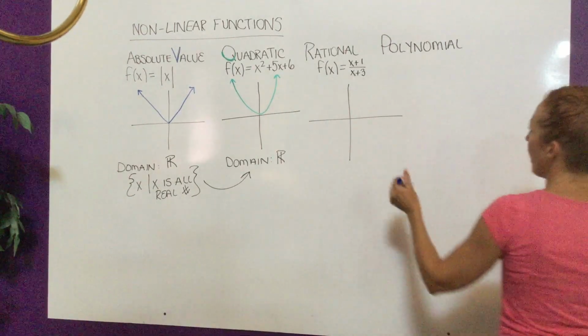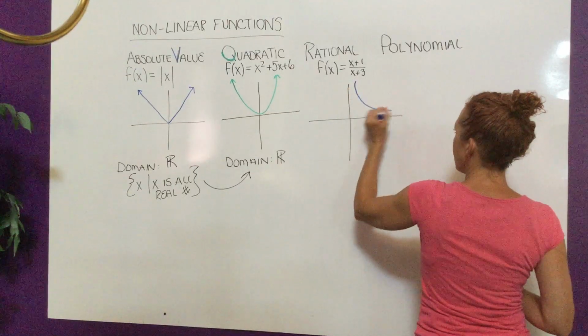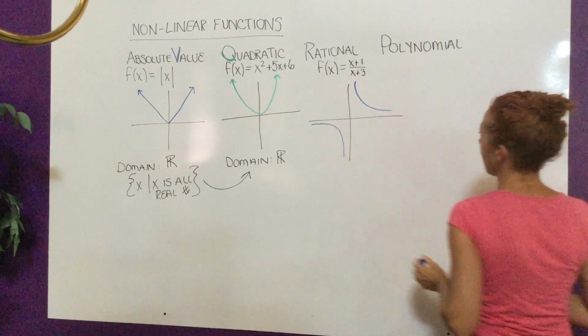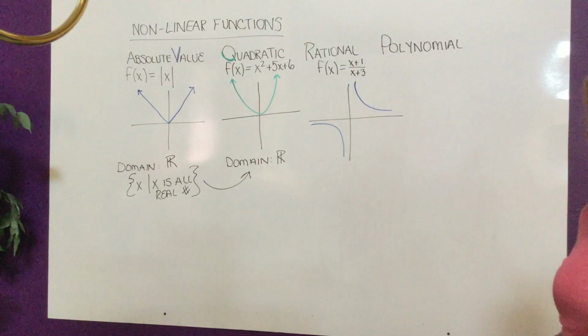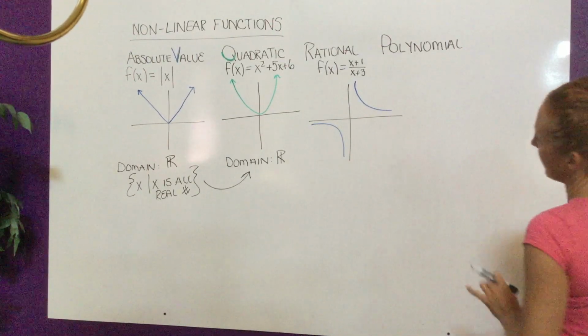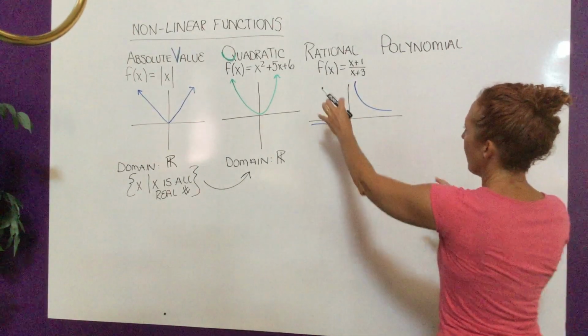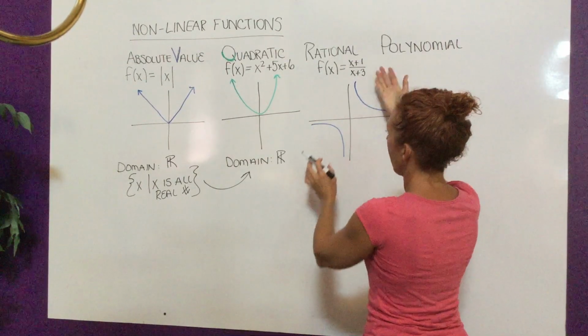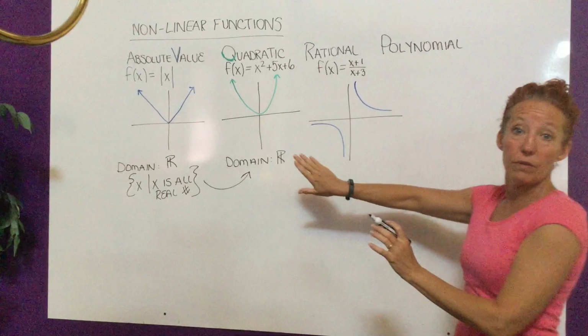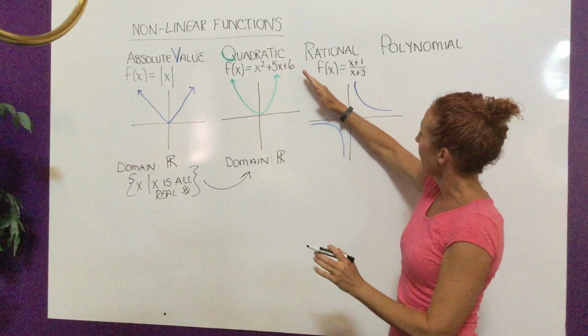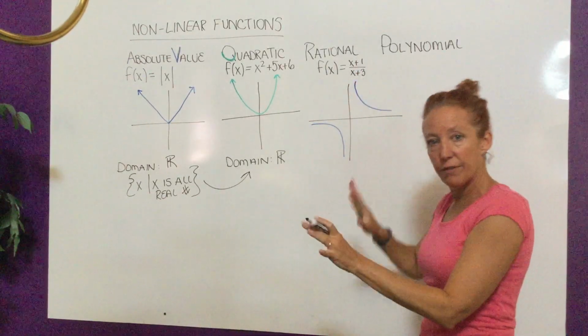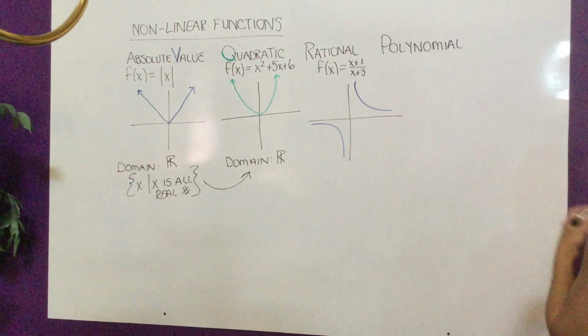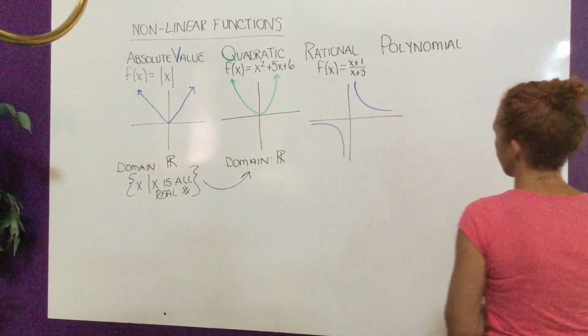A rational function always has two pieces, so it's kind of disjointed. It's got two separate parts. They can be here and here, or they can be here and here. They're kind of always mirror images over that invisible line right here. And of course, they can be shifted and fat or skinnier, lots of variations there.